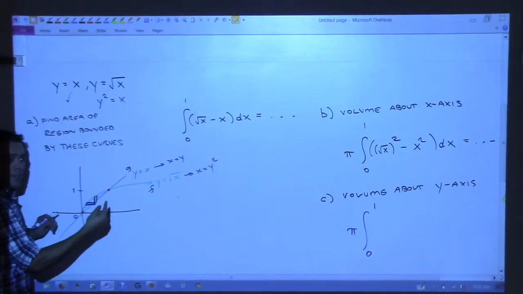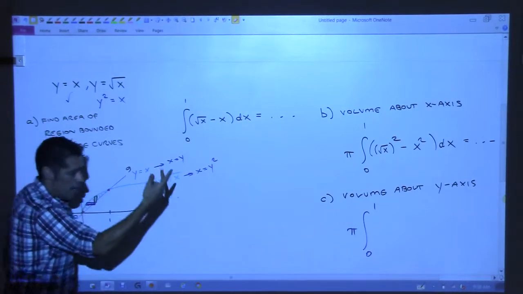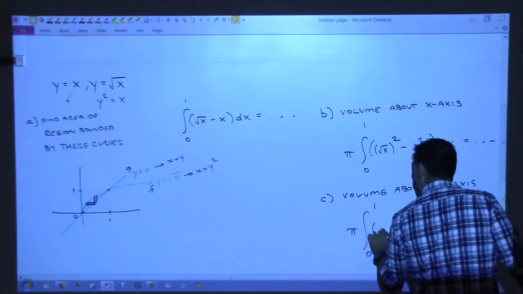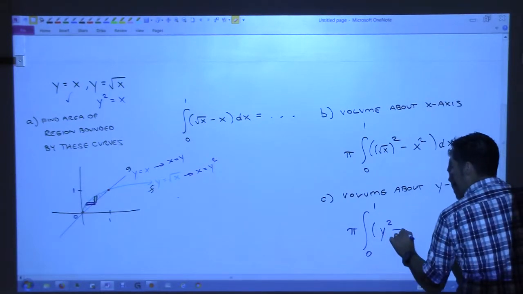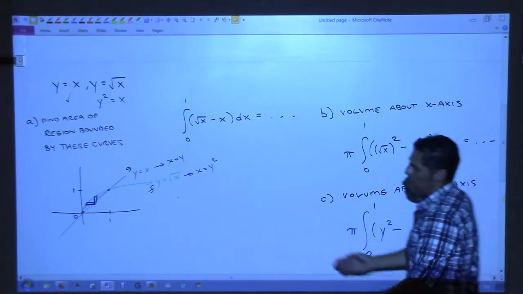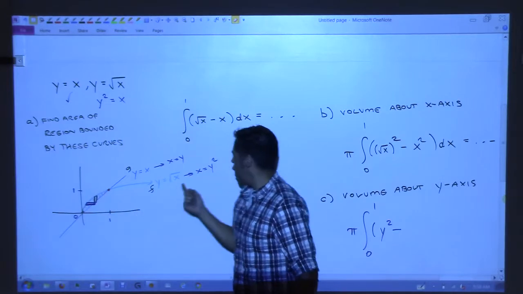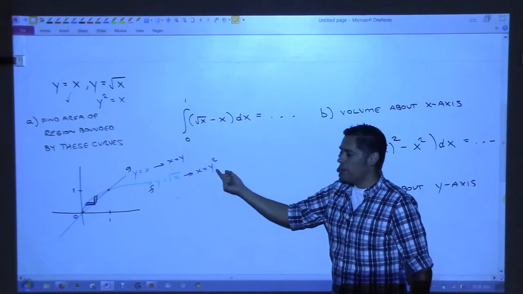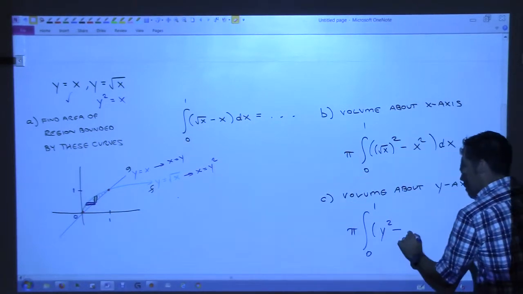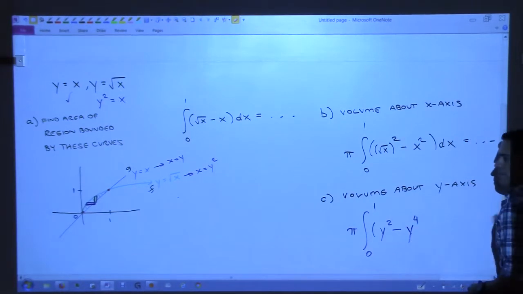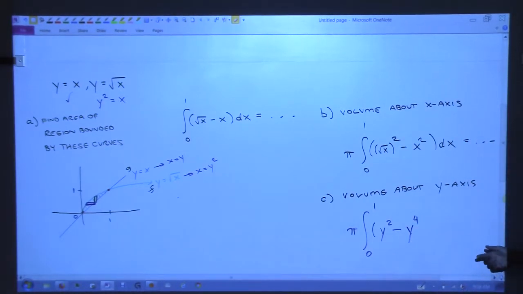It's that function squared. So y squared minus the left function, which is the green one, which is going to be y squared squared. I'll write y to the fourth this time, because I think that can only come from one place, y squared squared. And then dy.